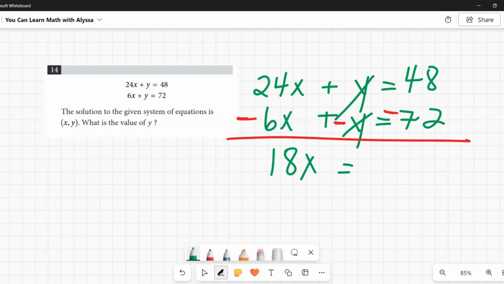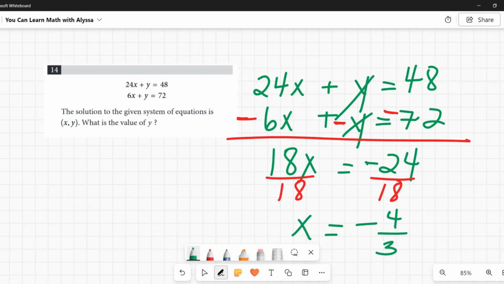And then 48 plus a -72 is a -24. So if I undo this 18 times x by dividing by 18, then I get that x is equal to -24 divided by 18, or we can simplify that to -4/3, because 6 goes into both of those.